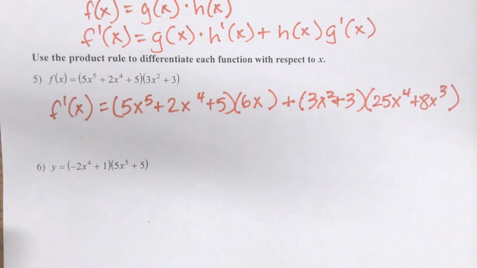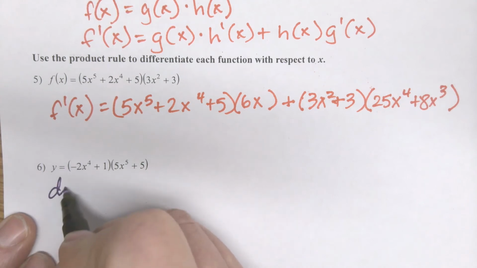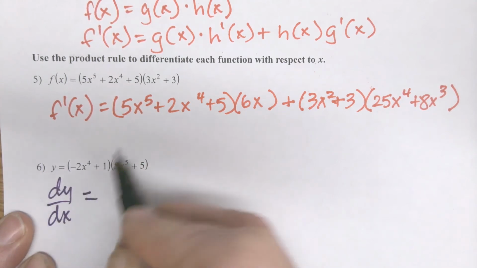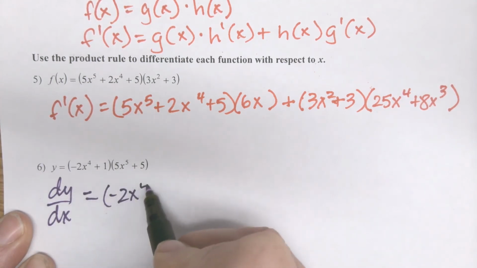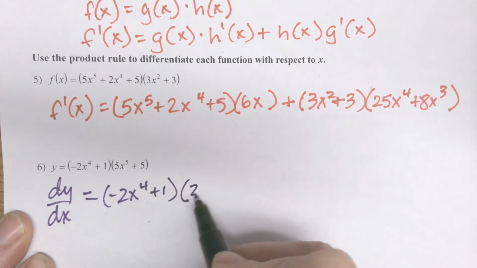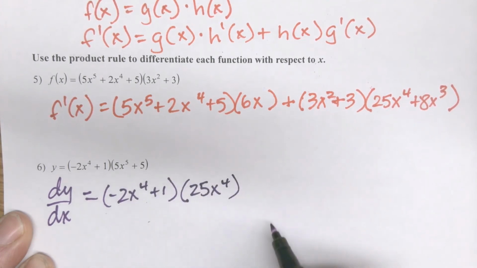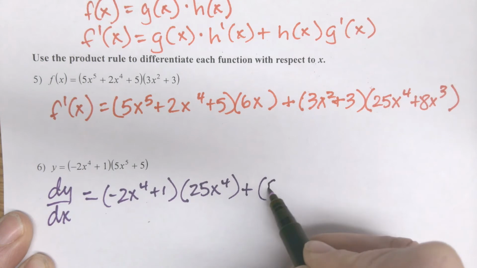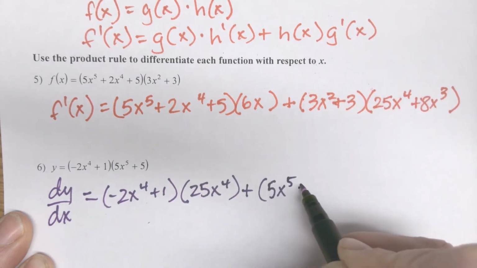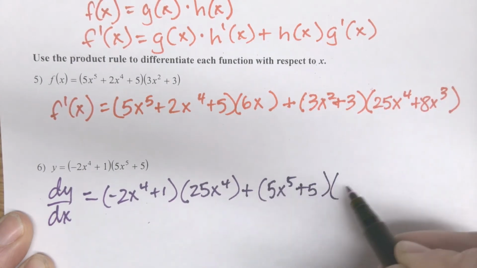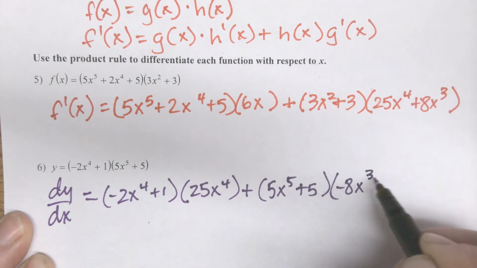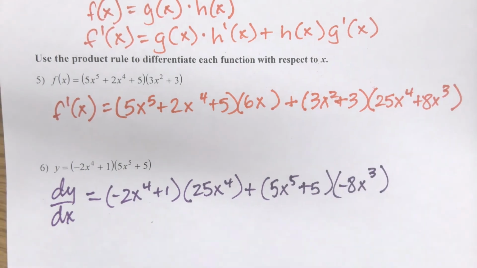So for number 6, I'm going to do dy dx is the first as is times the derivative of the second plus the second as is times the derivative of the first. And that's it. No simplifying necessary.